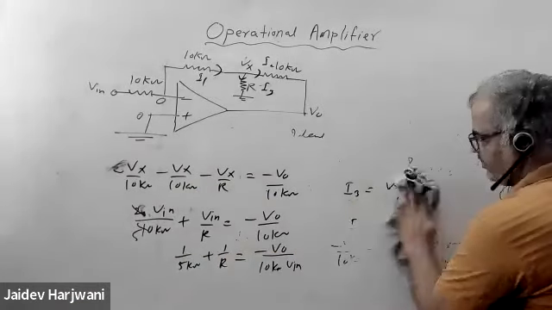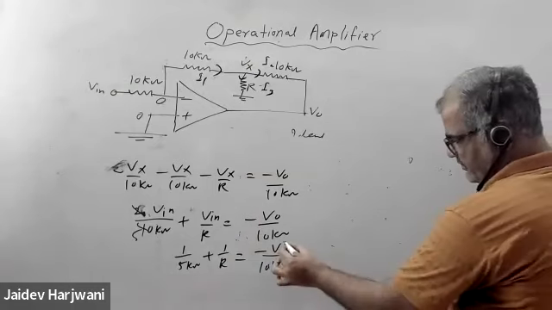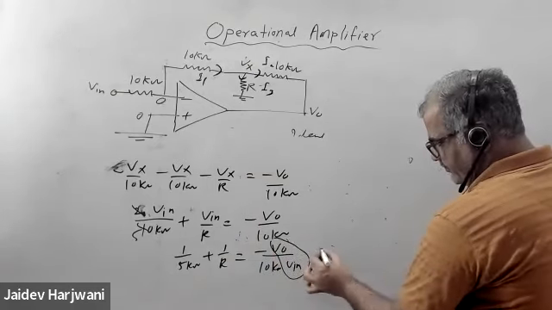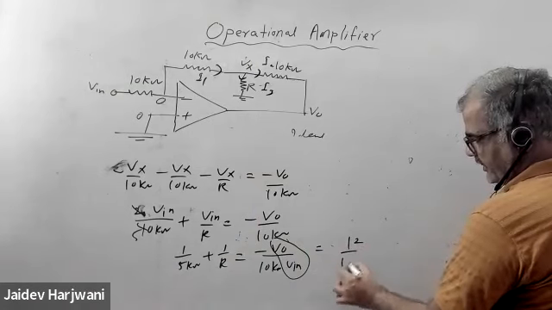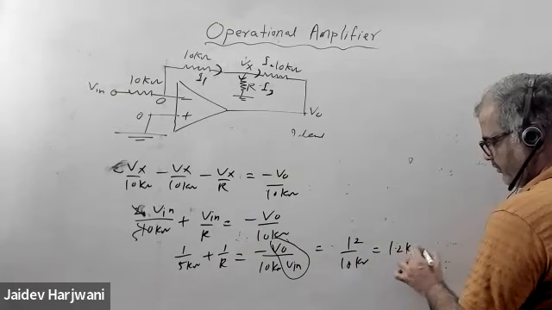And V0 upon V input, minus 12, is already given. So this becomes 12 upon 10 kilo ohm, that is 1.2 per kilo ohm.